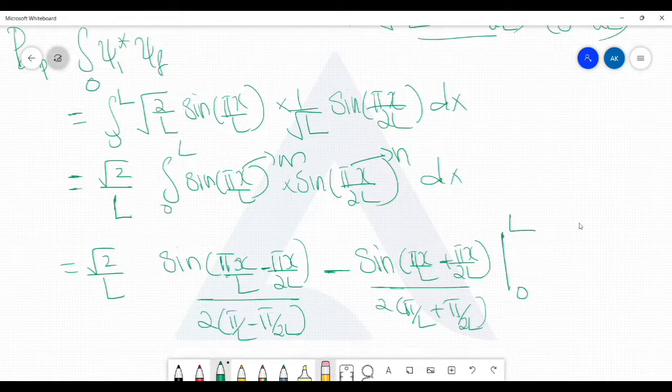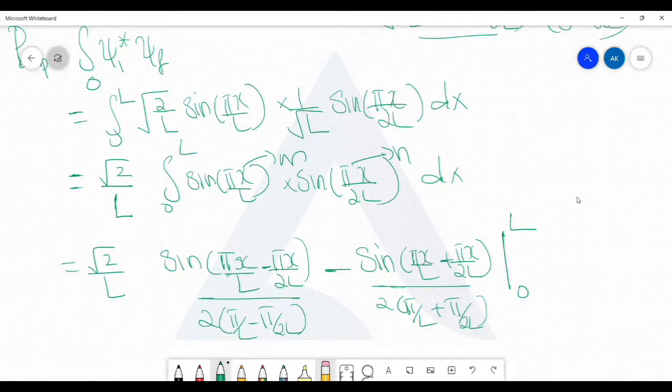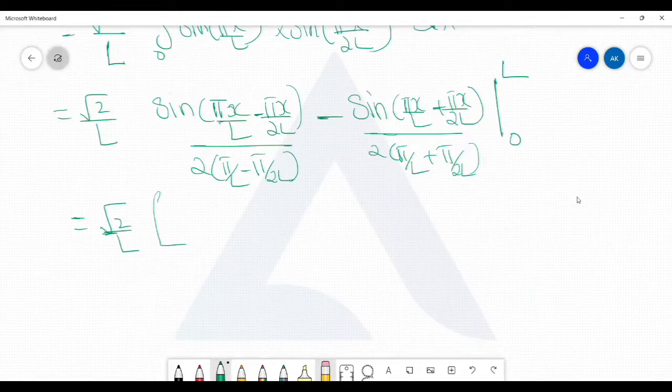0 to L. Okay. So this is nothing but root 2 by L. If you put the limit L here, what happens?